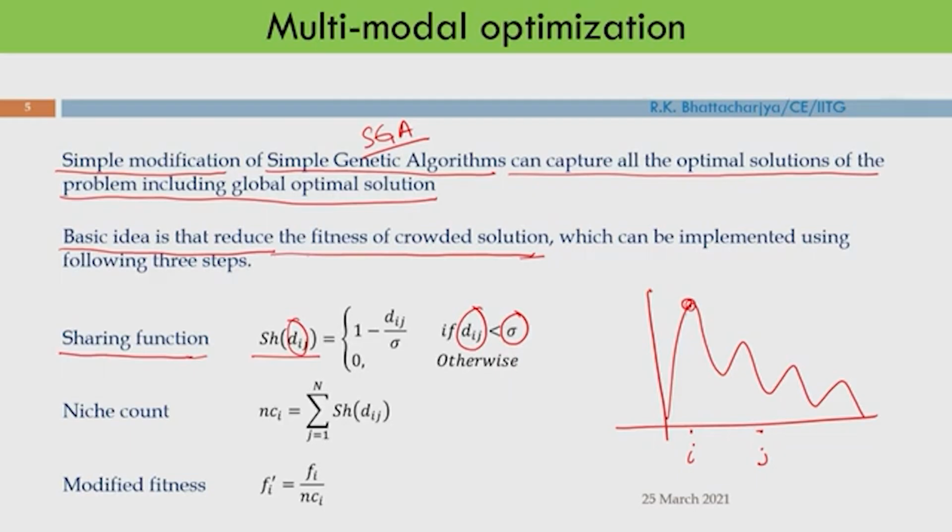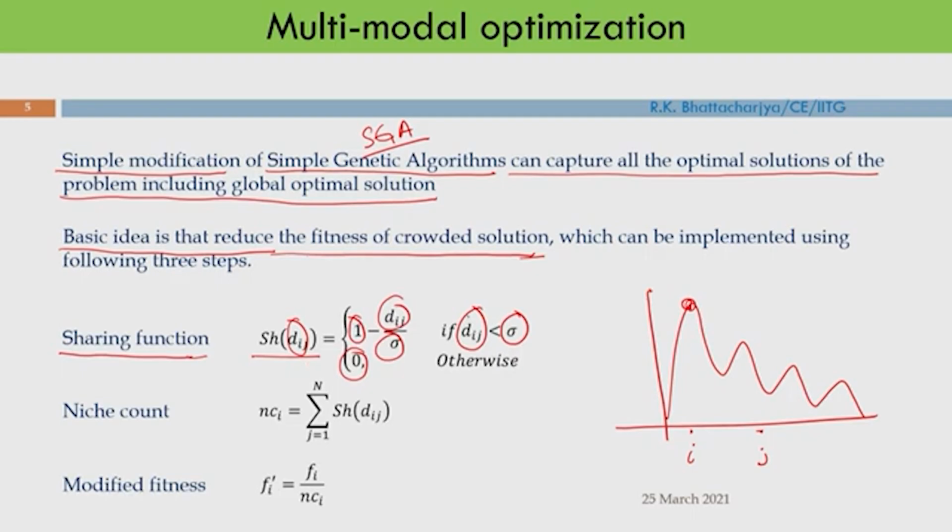In that case I will calculate the sharing function value, which is equal to 1 minus Dij by sigma. Therefore, if Dij is 0, that means the distance between i and j is 0, then this function value will be 1. Otherwise, if Dij is greater than sigma, I will put 0, and I will not say that particular solution is a crowded solution.